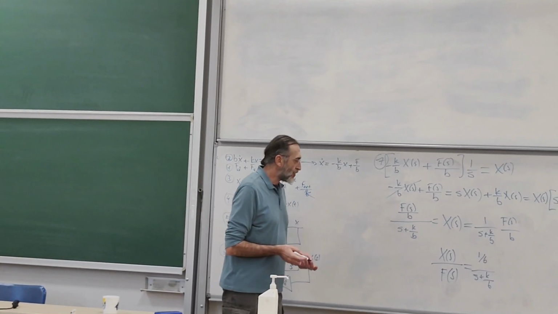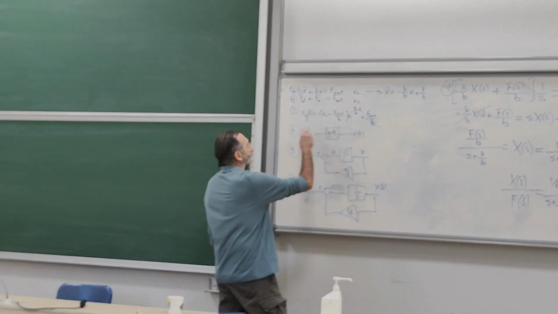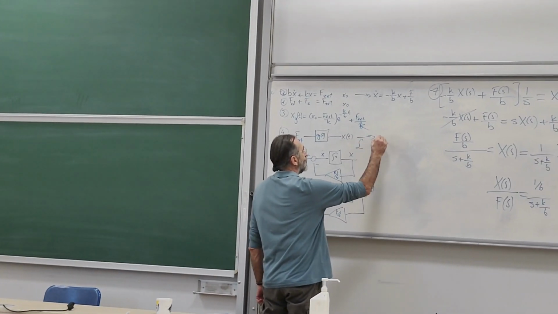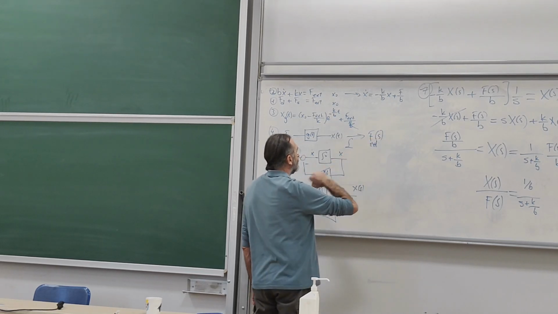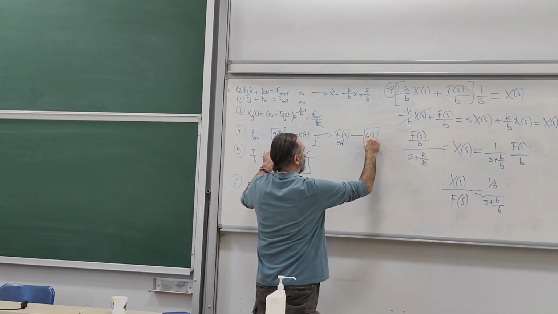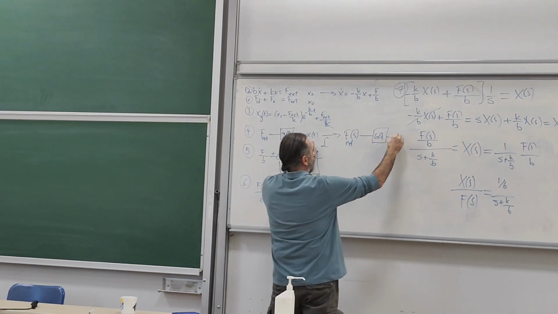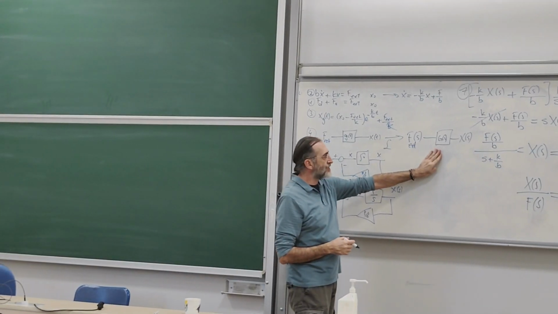Okay? So, what I'm looking at here is F external in the Laplace domain, F external of S going into the system, G of S, giving me X of S. The Laplace domain transform of this.